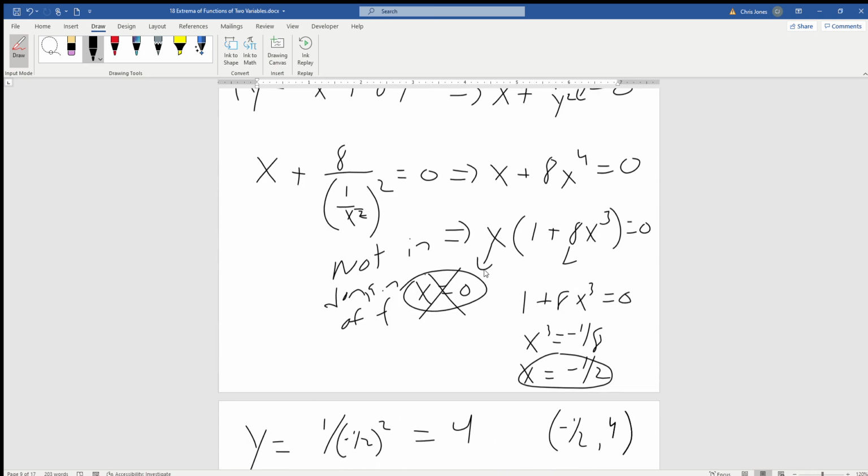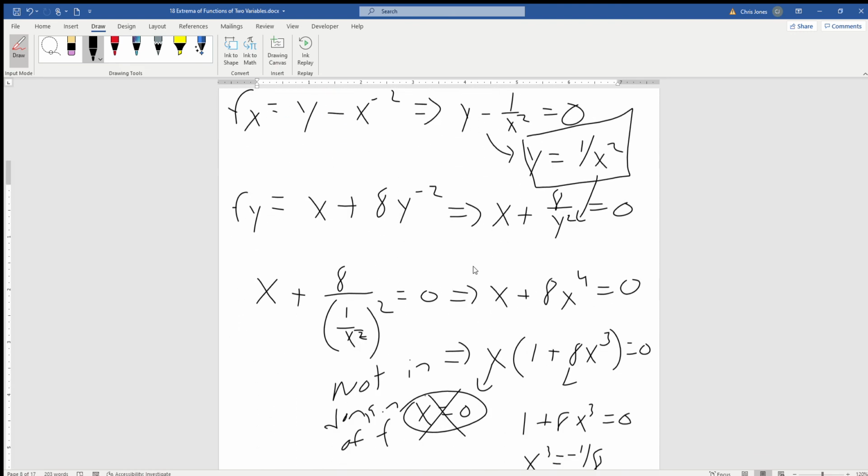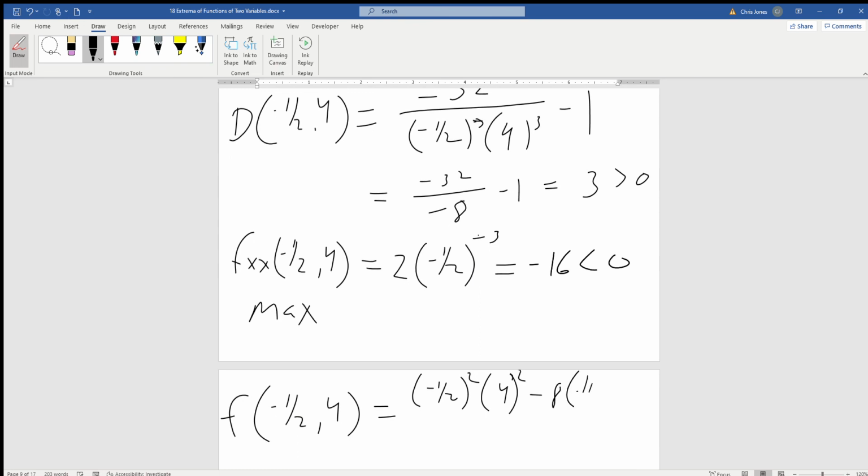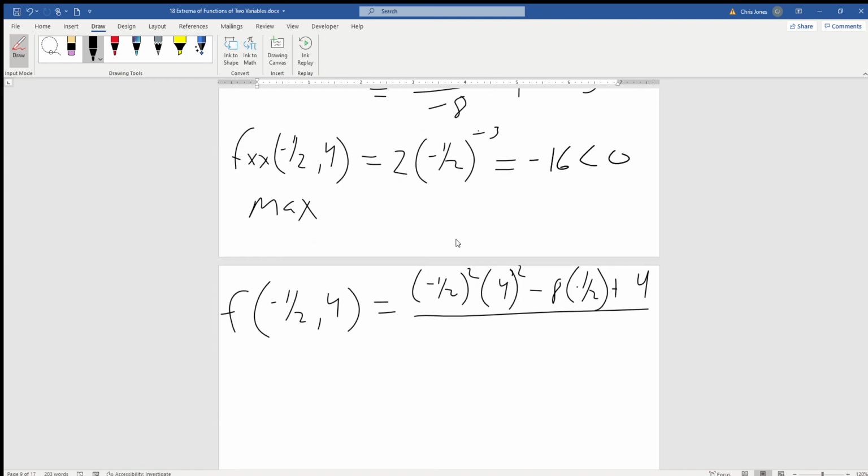And again, I forgot. 8x plus y, so that's minus 8 times negative 1/2 plus y, which is 4, all over negative 1/2 times 4. All right, so the denominator is negative 2. Numerator, 16 divided by 4 is 4, plus 4 plus 4. All right, so it looks like we're going to end up with a negative 6.